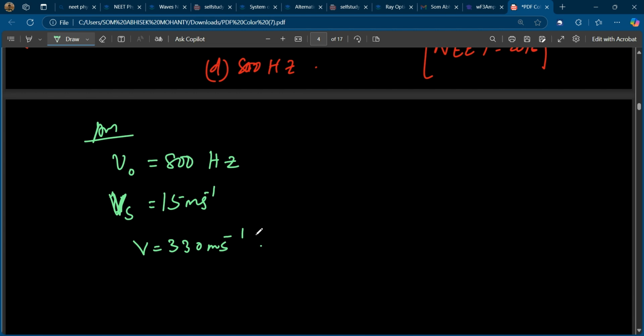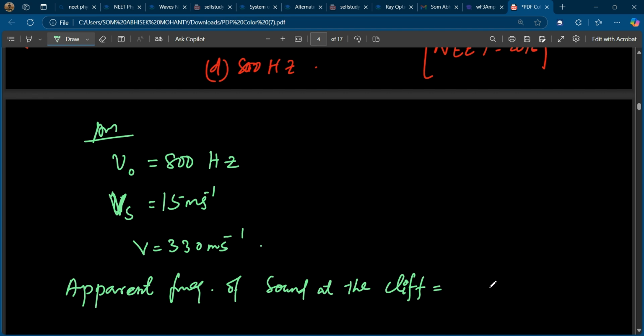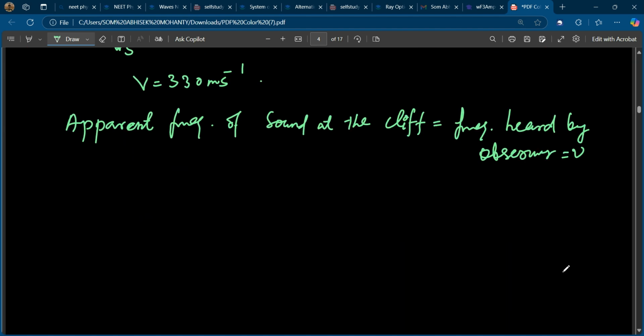Right. So the apparent frequency of sound at the cliff will be the frequency heard by the observer. Using the Doppler effect of sound, nu is equal to V by V minus Vs, times nu naught.